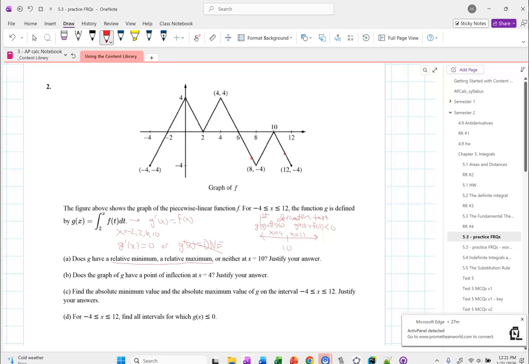That's negative. So what can I say if my graph goes from negative to negative? So it's going from decreasing, slope 0, back to decreasing. Right? This would be like what g would look like, or this is x equals 10. What is that? That's a neither, right?